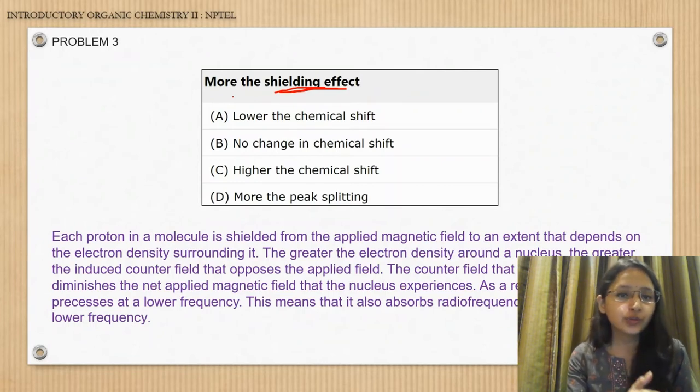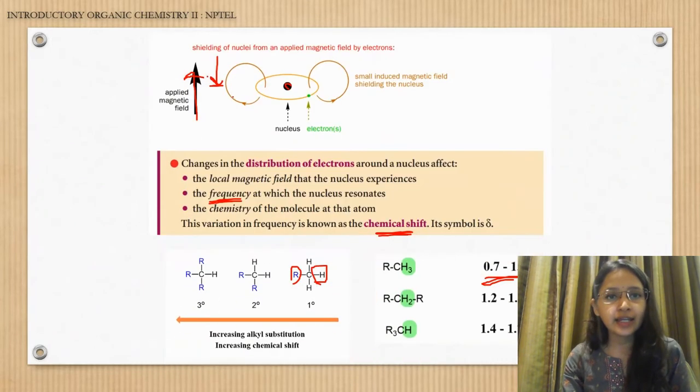So, the shielding effect, as I have discussed, if you have a proton, and around the proton you have electron density, high electron density. Now this electron density is resonating under the applied magnetic field.